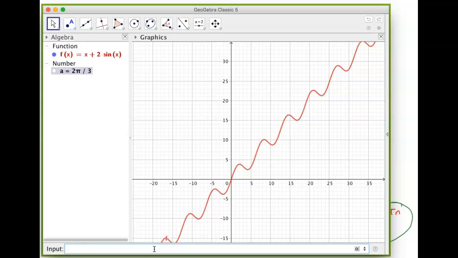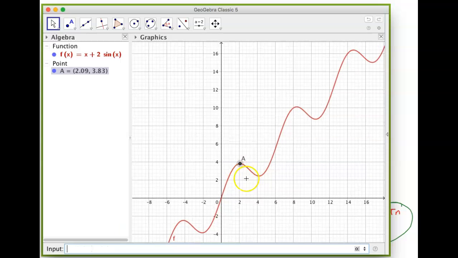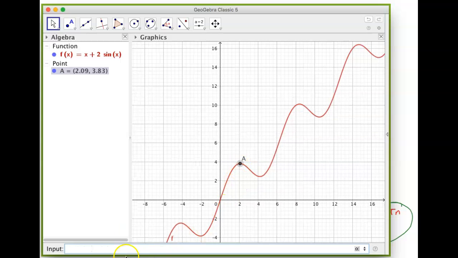Oh, whoops. So to be able to do that, I need to do 2 pi over 3 comma f of 2 pi over 3. Boom. Right there, the tangent is horizontal, right? And then we said 4 pi over 3.